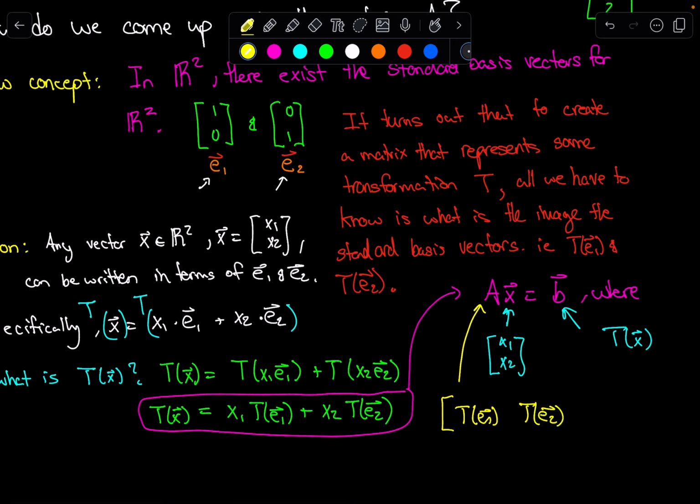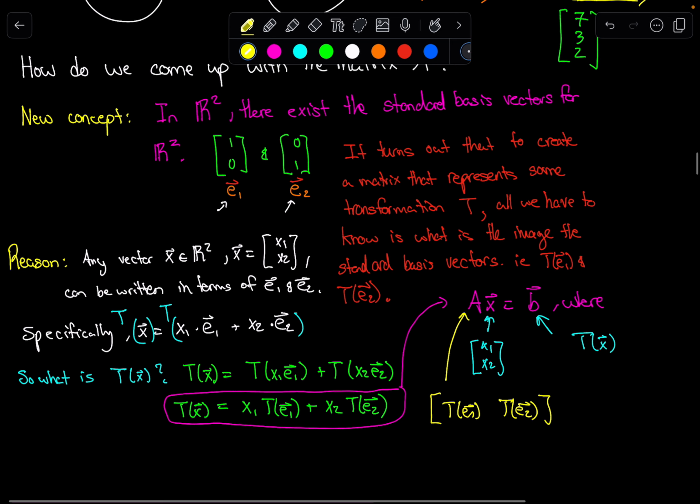These are vectors; when you put them through the transformation, they become vectors. So in order to figure out the transformation for any random vector x in R2, the matrix A for our transformation just consists of what happens to the first standard basis vector and the second standard basis vector. Then I can create the matrix A from scratch.